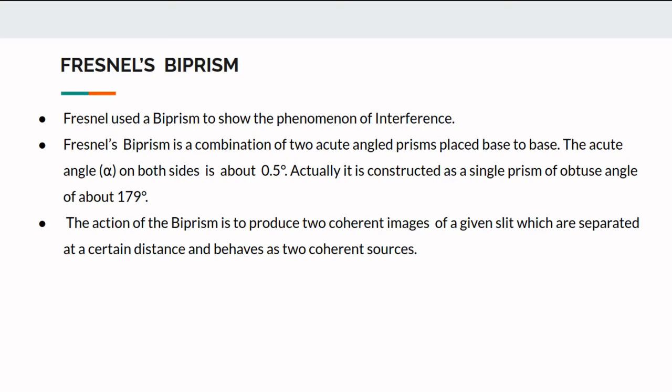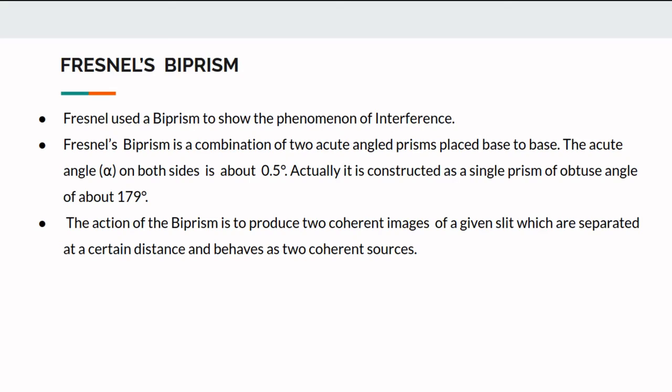Using this biprism, a single wavefront is divided into two wavefronts, and the two wavefronts interfere with each other and interference fringes are observed. That is the actual phenomenon in this experiment.